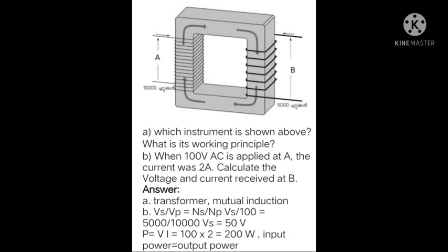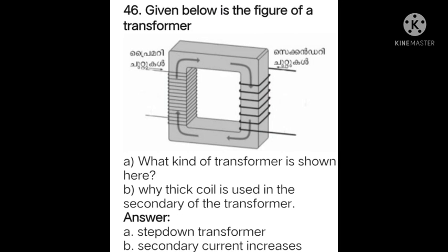Then Vs by Vp is equal to Ns by Np. Given the values, Vs by 100 is equal to 5000 by 10,000. We got the answer: Vs is equal to 50 volt. Then the current is given, calculating power, P is equal to V into I. V is equal to 100, current I is equal to 2. So power is equal to 200 watt. Input power is equal to output power.